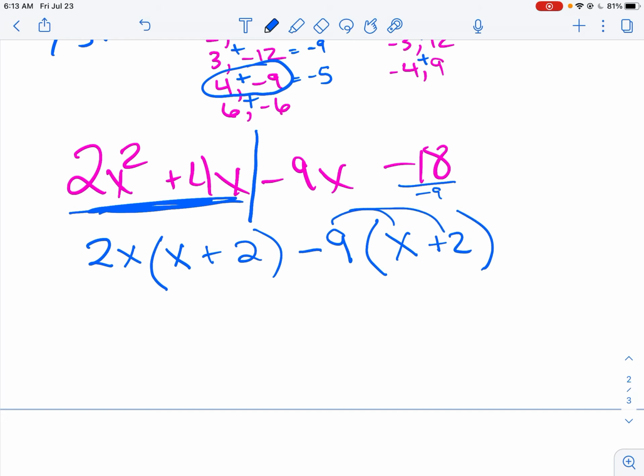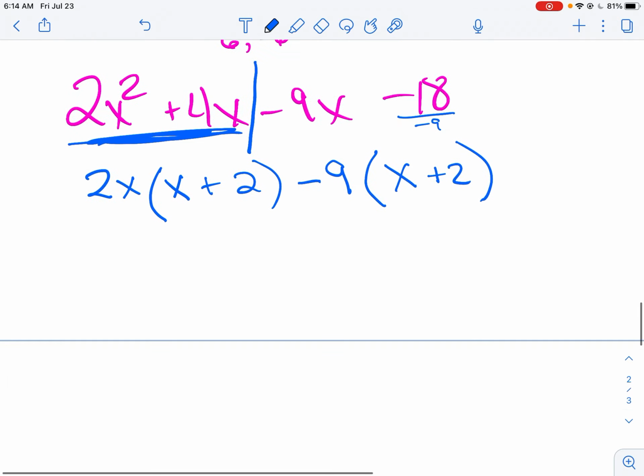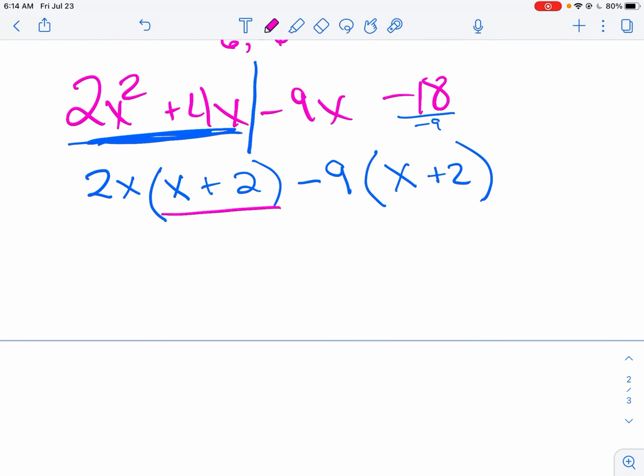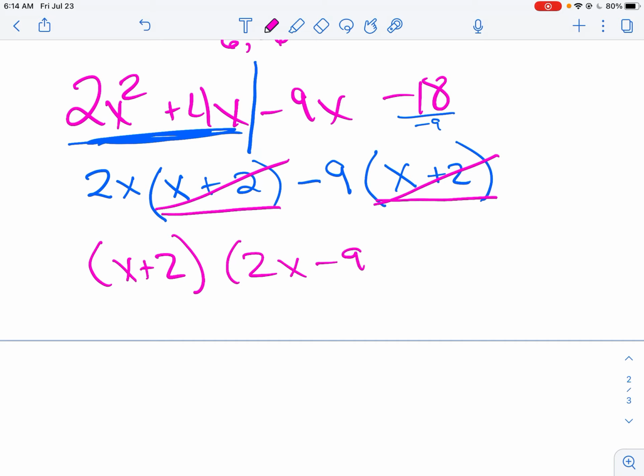So if I multiply that back through, will I get this right here? And yes, I would. So now I look at this. This part right here and this part right here are the same. I write it out front. They now go away because I just factored it out, and I'm left over with 2x minus 9.